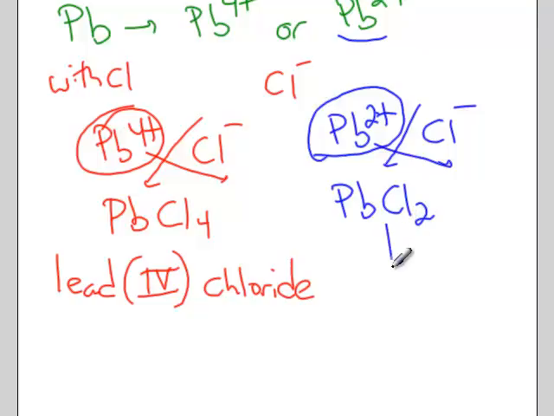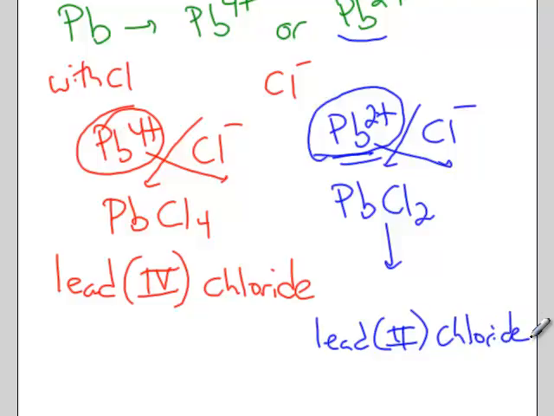The blue chemical is also lead, but the cation charge was a positive 2, so this would be lead(II) chloride. And remember, if you're entering an answer in Roman numerals on your computer, you want to use the uppercase I, not the L.